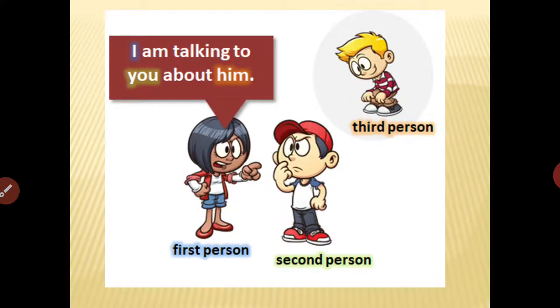In the same way, here you can see two children are speaking. They are speaking about a third person, that is a boy, and the boy is not physically present over there. So the first person is the speaker. As you can see, the second person is listening to the first person, and the third person is the subject about whom they are speaking.